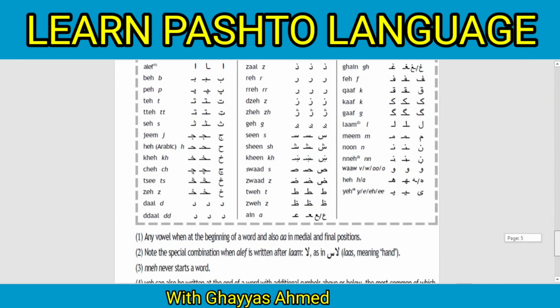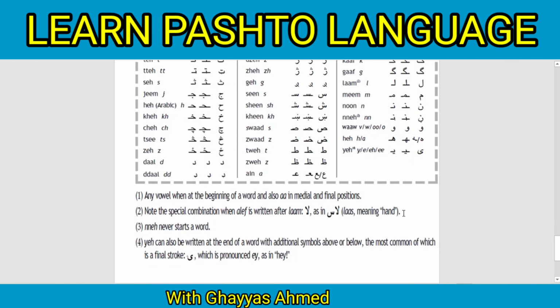Any vowel when at the beginning of a word and also in medial and final position. Note the special combination when alif is written after lam: alif la, as in las, meaning hand. Ne never starts a word.